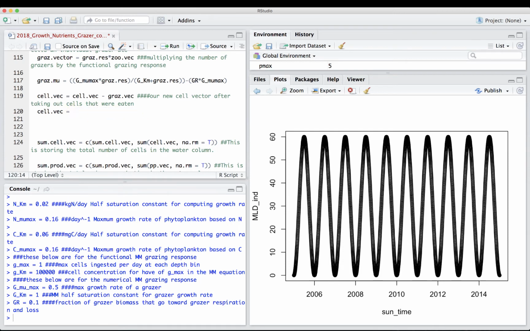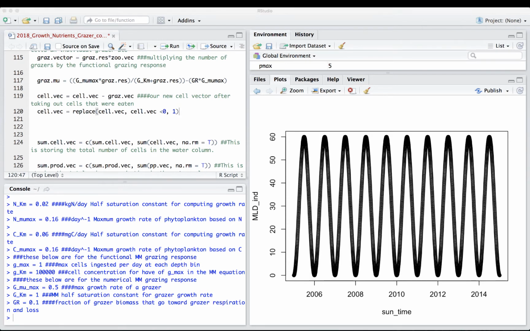We just have to do a little number handling, a little bookkeeping here. We're just going to replace cell.vec where cell.vec is less than 0 with 1. So what we're doing here is replacing any negative numbers with 1.